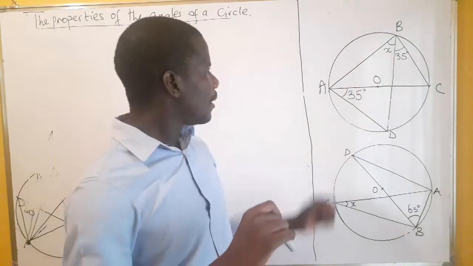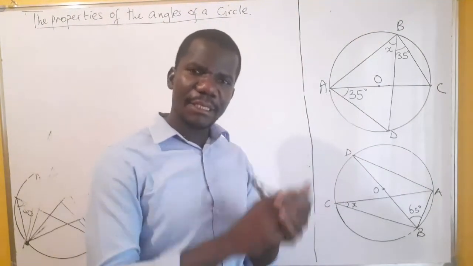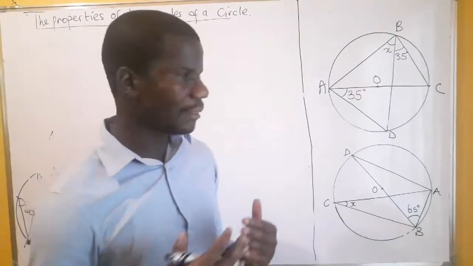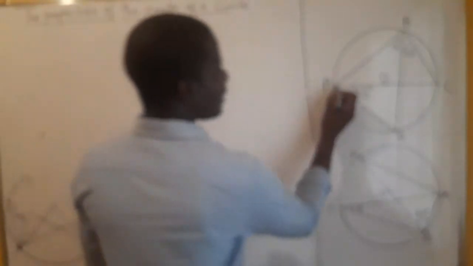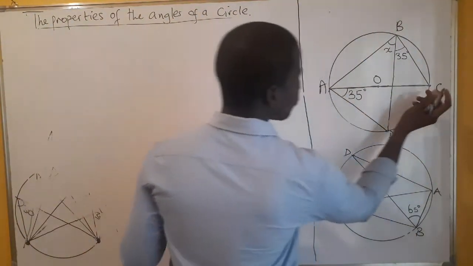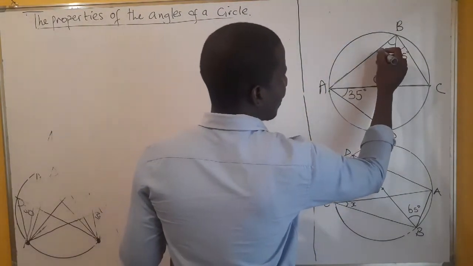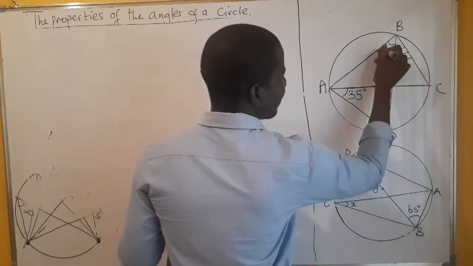Now, the second theorem that we looked at said the angle in the semicircle is 90 degrees. Here, this is the diameter, the line that divides the circle into two. So this whole angle here is supposed to be 90 degrees.